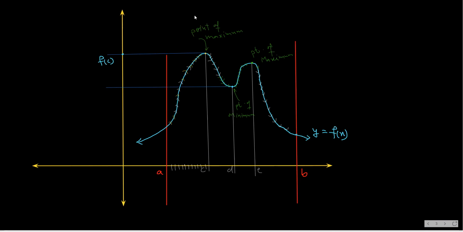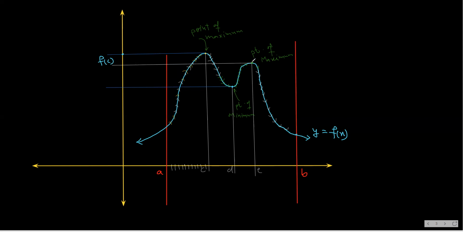Now, once again, what I do is, see, you got the points of maximum and minimum, and these are all the local maximums and local minimums. Once again, I will project this point on the y-axis, because for the function value we always see the y-axis.